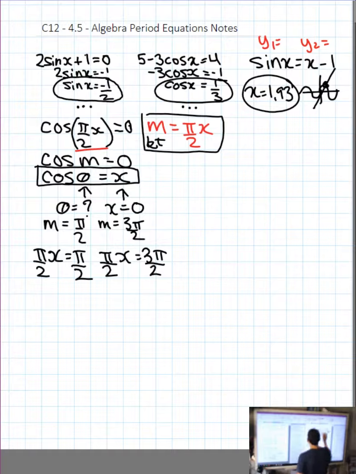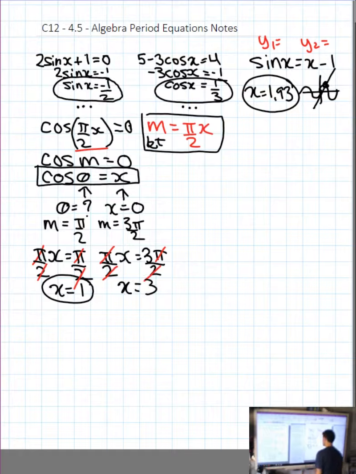Then I need to solve these. I can divide both sides by pi, and times both sides by 2. I hope you like that simplicity. Therefore x is simply equal to 1. Now I can times both sides by 2 and divide both sides by pi, and therefore x is equal to 3.